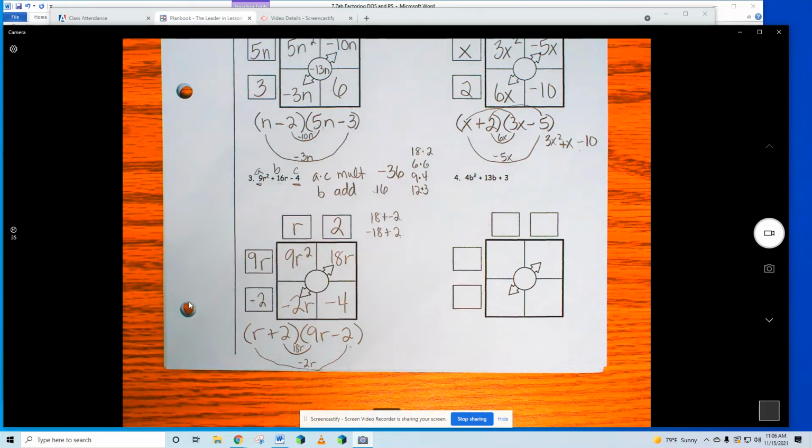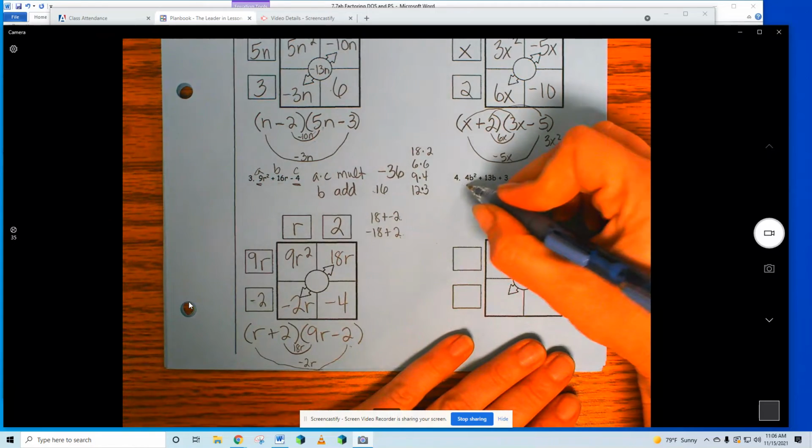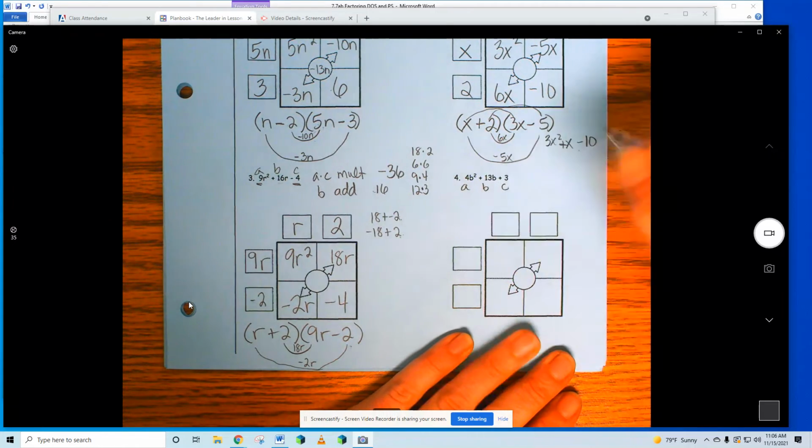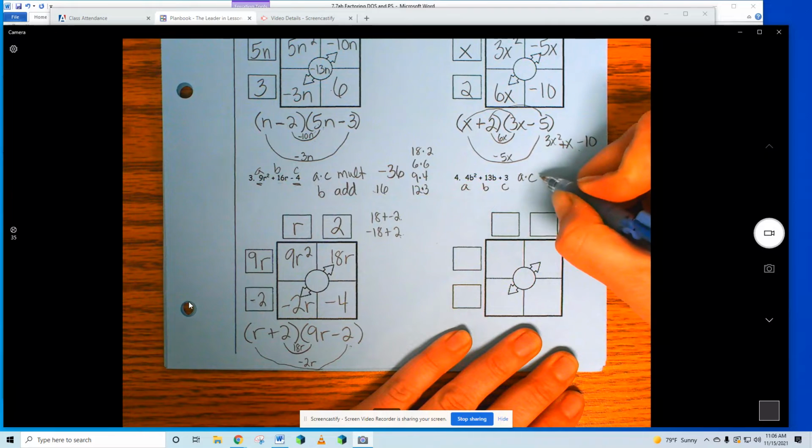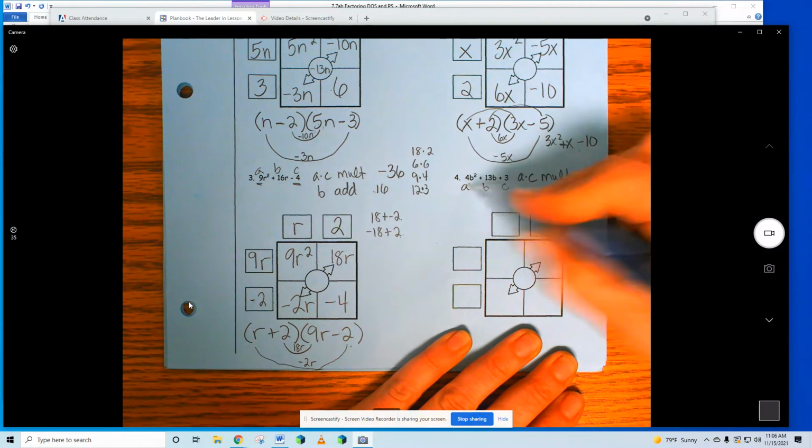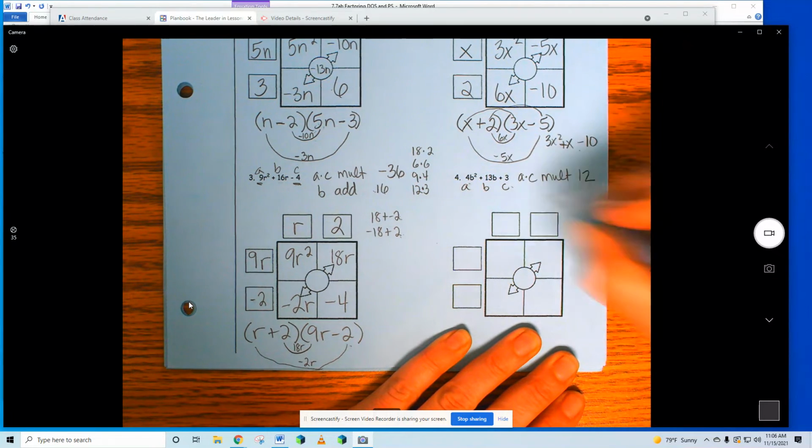So, last one. Do you guys want to try it by yourself? Okay. A, B, and C. Your A times C, the multiply. 4 times 3 is 12. And B adds up, and that's the middle number, 13.